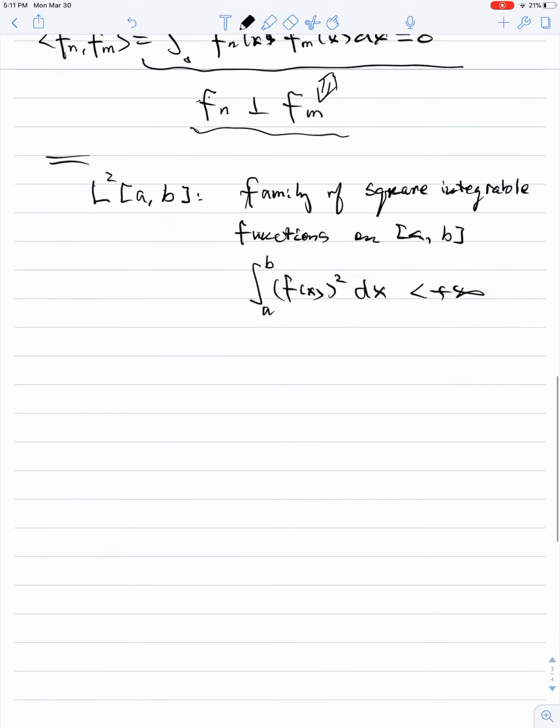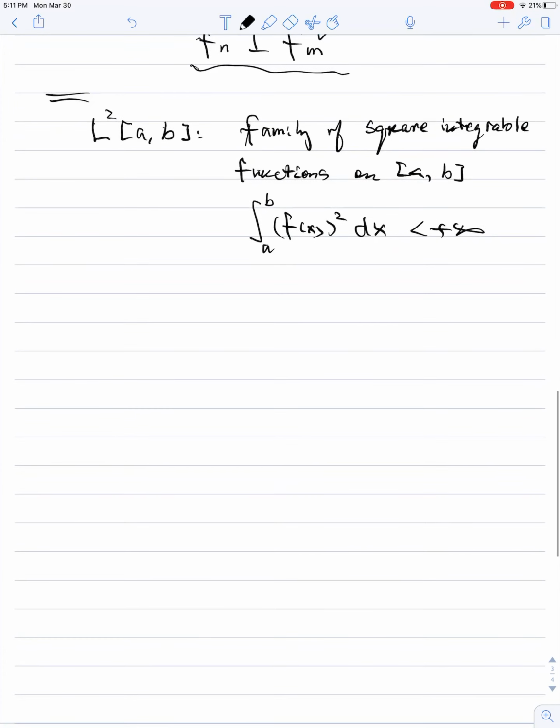So that is the concept. Now you can see that this actually is a vector space. The vectors are functions that satisfy this condition.